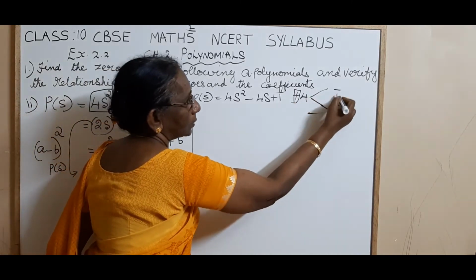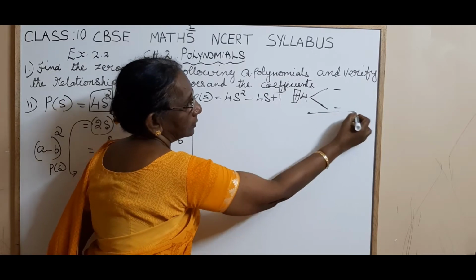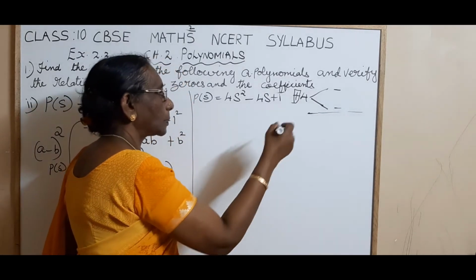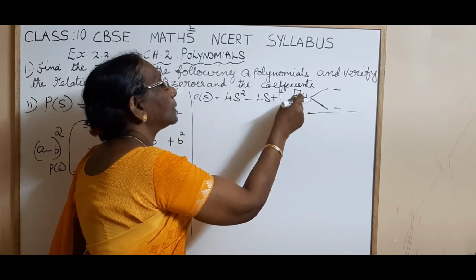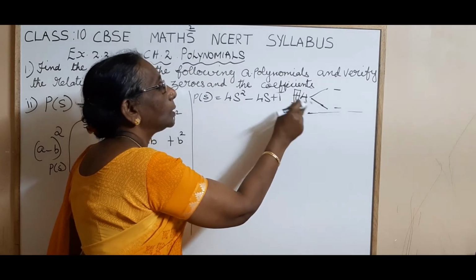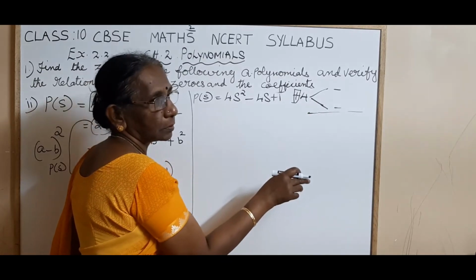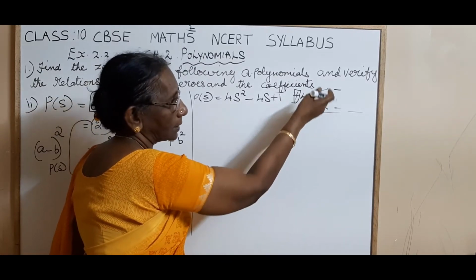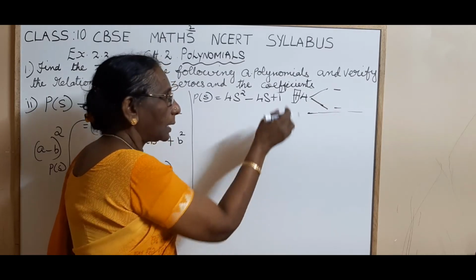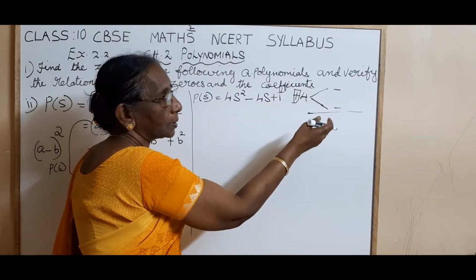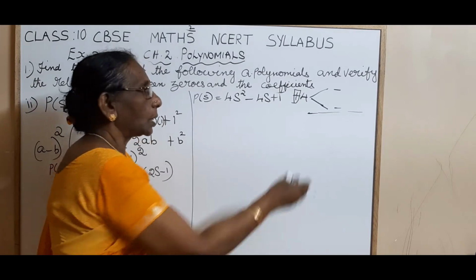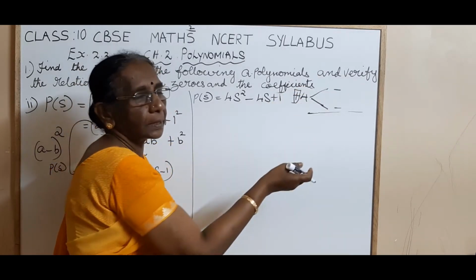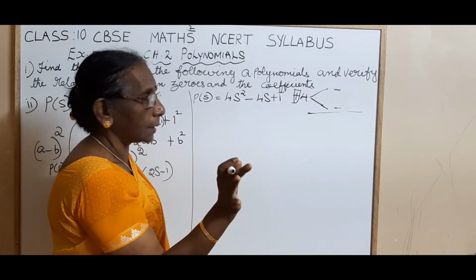So both numbers should have minus. Okay. Now, whenever the product is positive, you have to add the numbers to find the sum, because same sign, you have to add. Whenever the product is negative, you have to subtract the numbers because they will have different signs, and take the sign of the greater number.